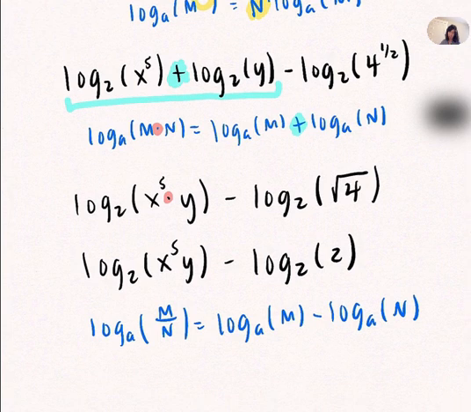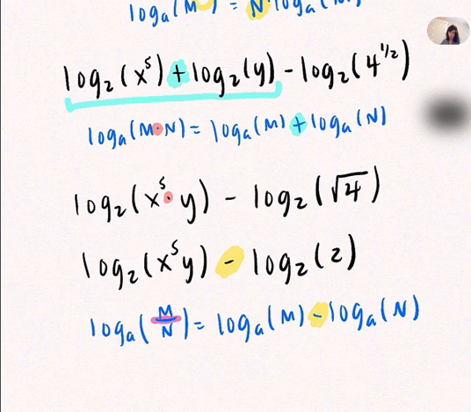In other words, if you have two logs that are separated by a minus, and they're the same base, then you can actually combine them into a single log by dividing. So you can put them in a single log, but you have to divide the two things.